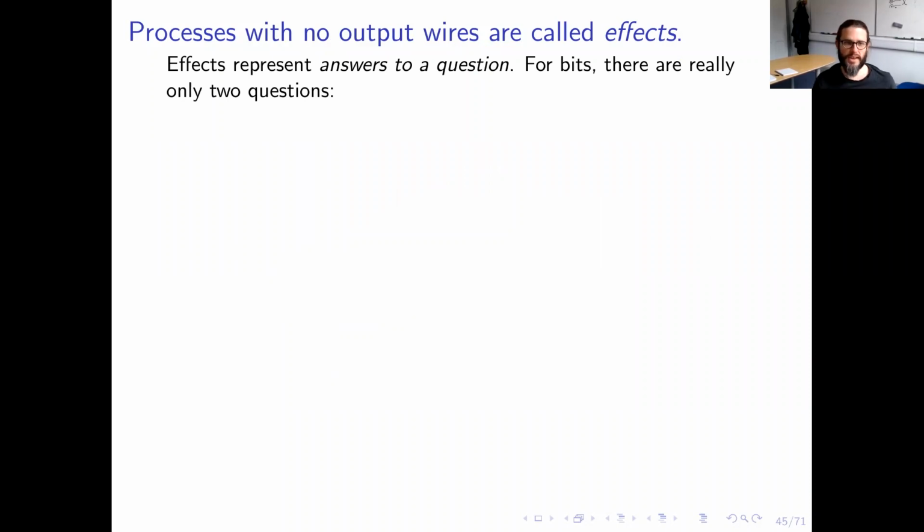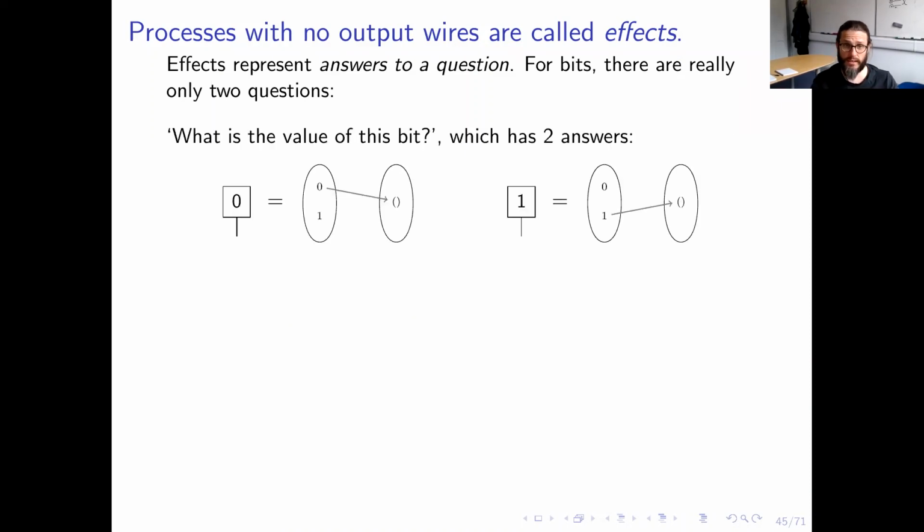For bits, there are really only 2 questions that we could ask. One of the questions is, what is my bit? That has 2 answers: my bit is 0, which I'll represent by this effect mapping the 0 to the empty list here, or my bit is 1, mapping the 1 there.